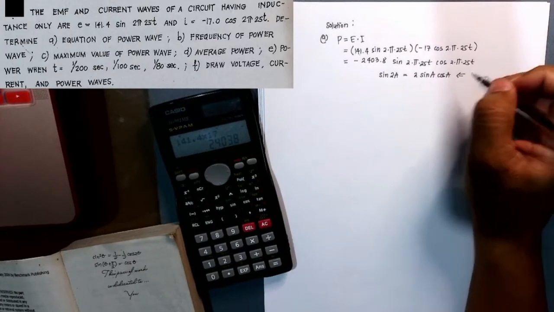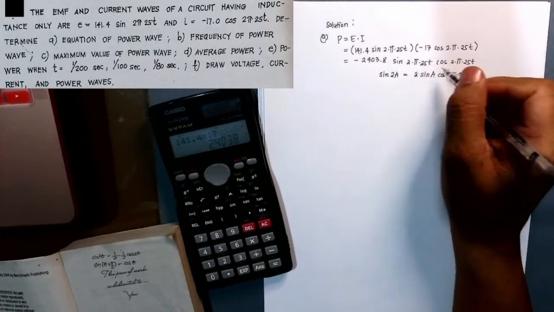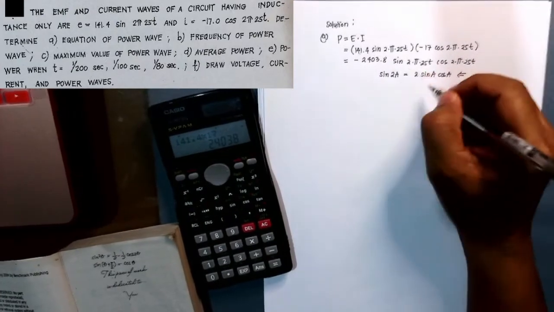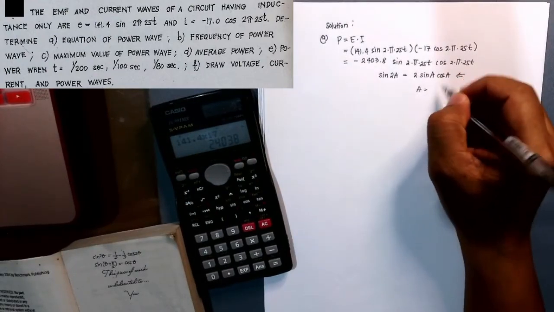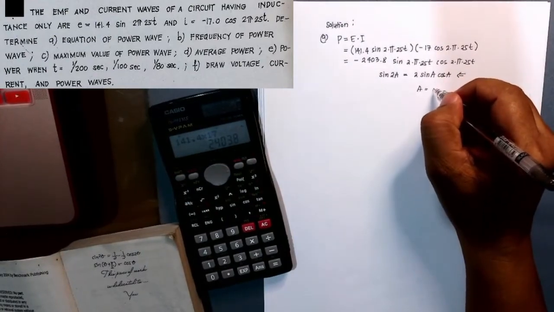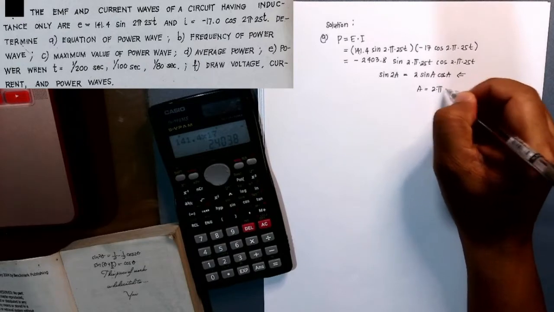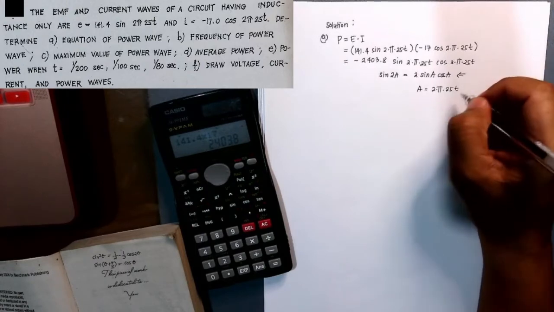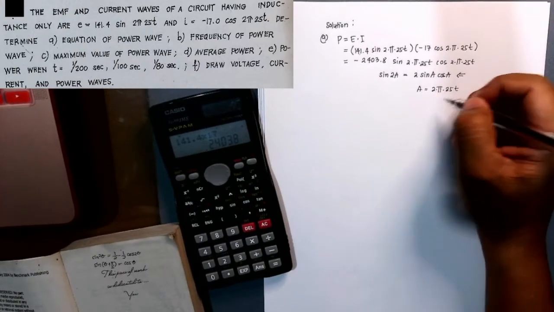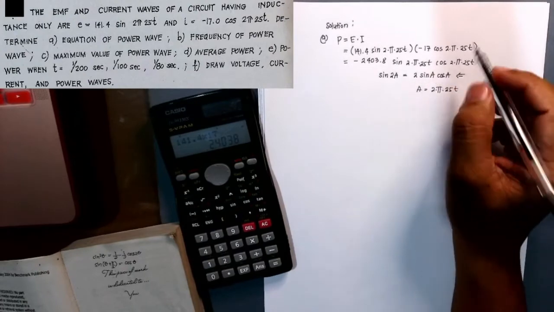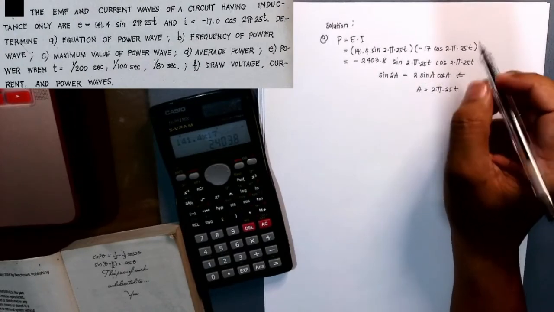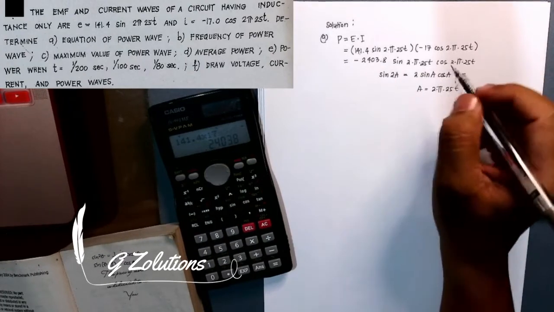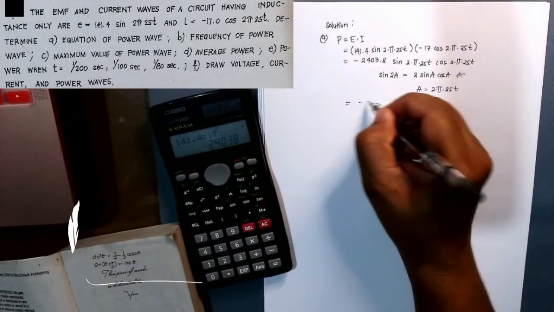In this case, our A will be equal to 2 times pi 25t. So therefore, that is the case.